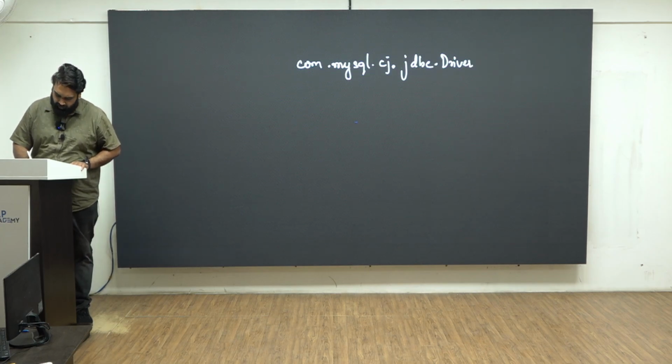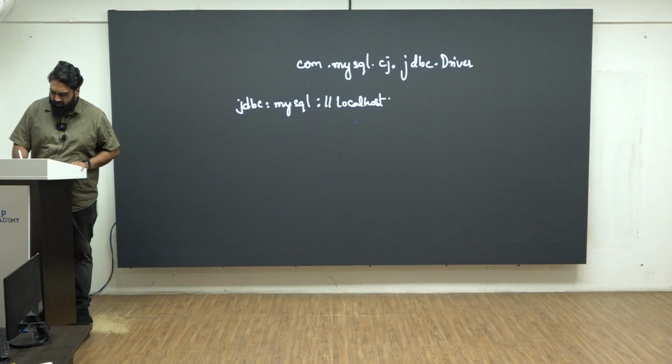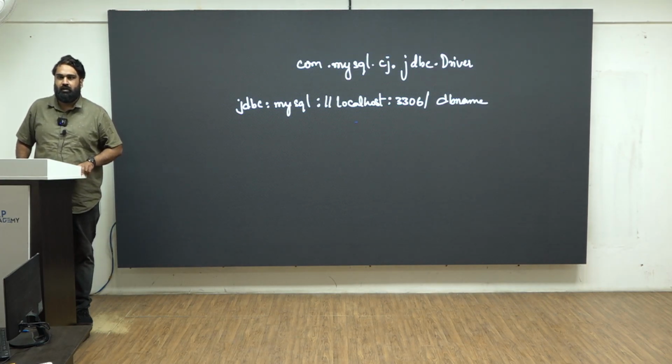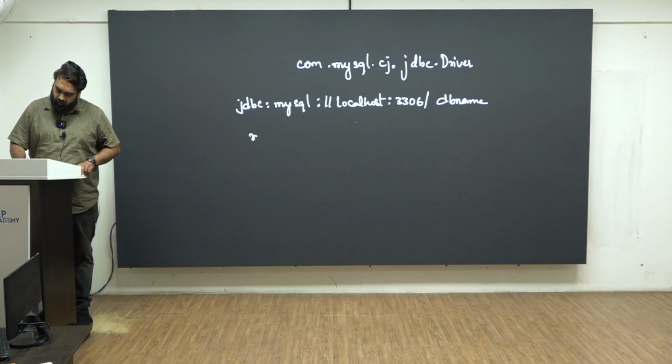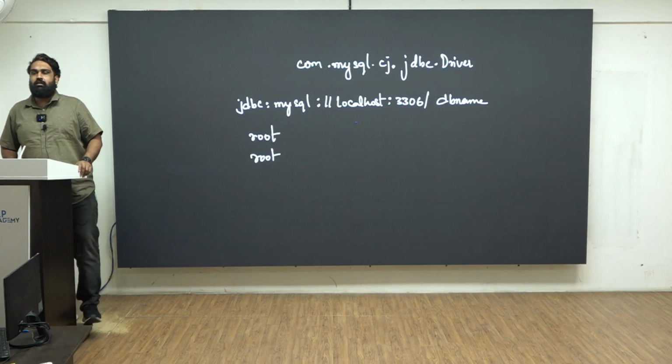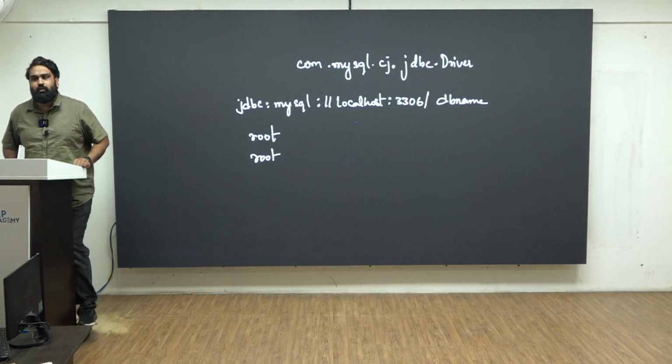After this, you are also writing jdbc:mysql://localhost:3306/ followed by your database name. Apart from this, you also wanted root and root, the username and password. All this information you wanted, will you agree with me, in order to establish the connection.